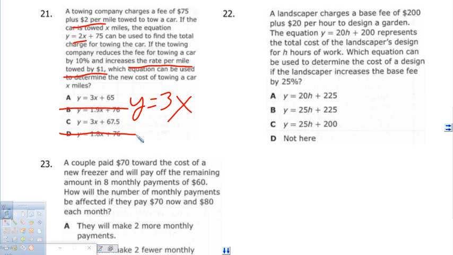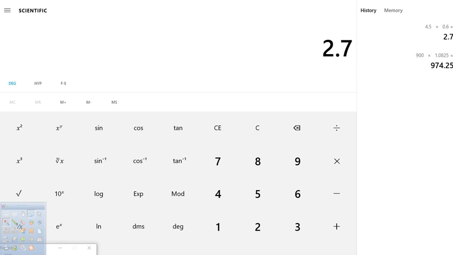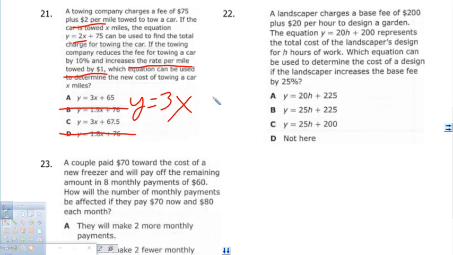Now we need to figure out what exactly is 10% of 75. We're only going to pay 90% of $75. So that's 75 times 0.9, and that's 67.50. So plus 67.50. So C is the correct answer.